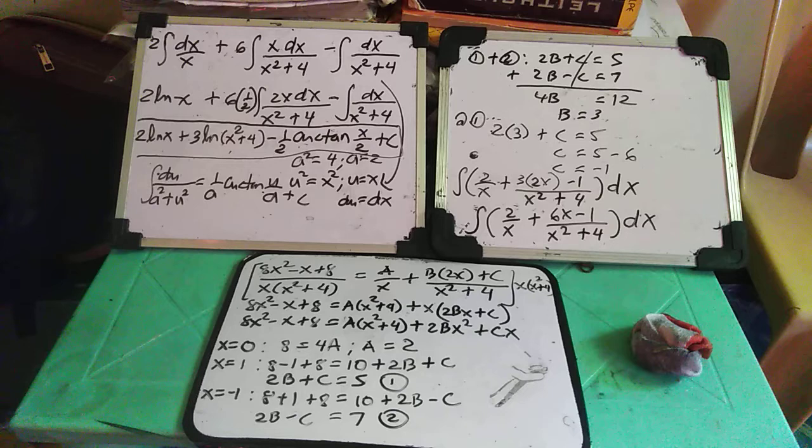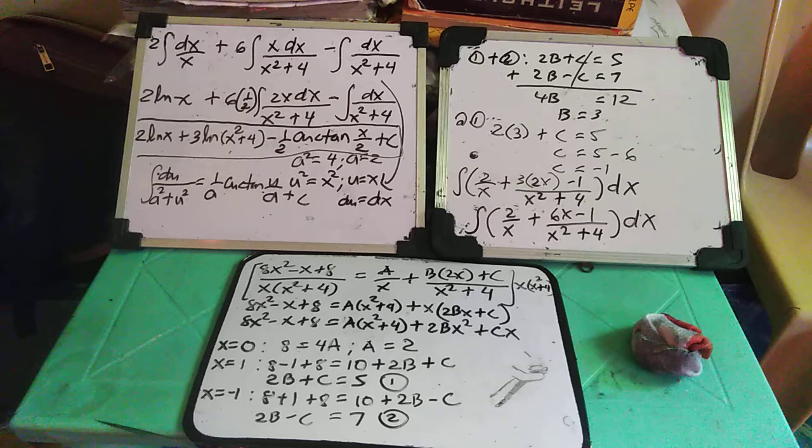Then minus, this is 1 over a, so 1 over 2, so 1 half arctan u over a, so x over 2 plus c.